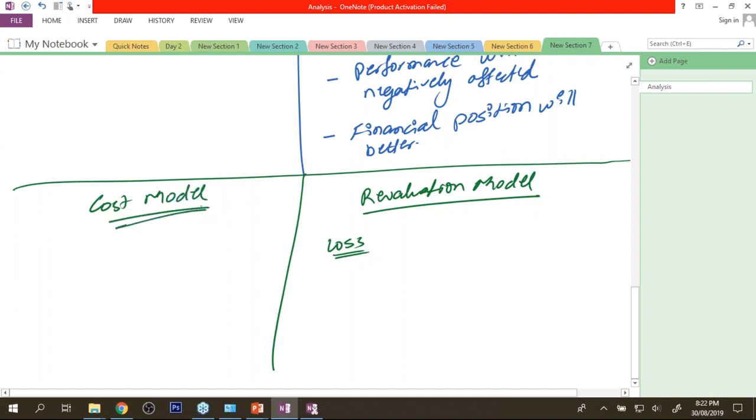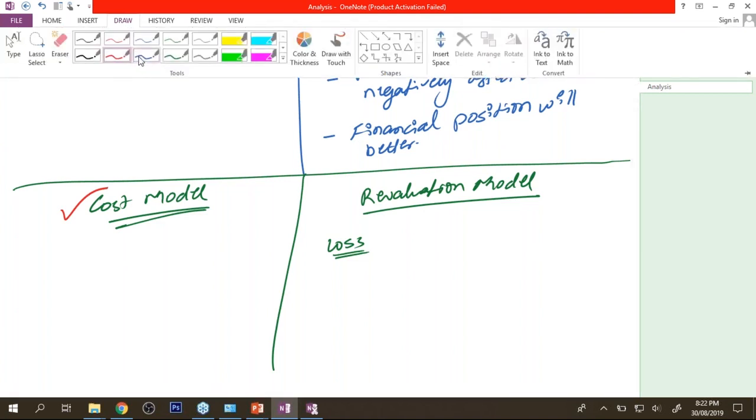Will the cost model show a better position, or the revaluation model? Okay, everyone is saying cost model, some revaluation model as well. Actually, the answer is that still the cost model will be the better one.